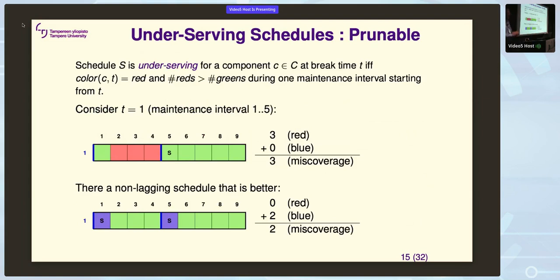Then we have what we call underserving schedule. In this case, we consider a time point 1, and the maintenance interval for this particular component is 5 time units. If we would have serviced here, like we do actually here, we would have done it a little bit too early because there is still some lifetime left.